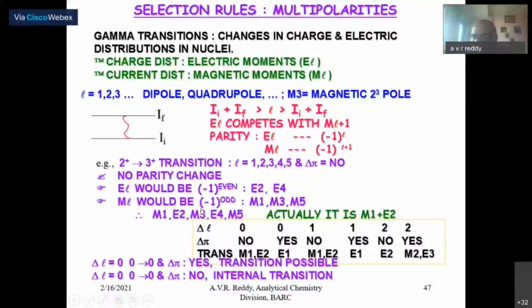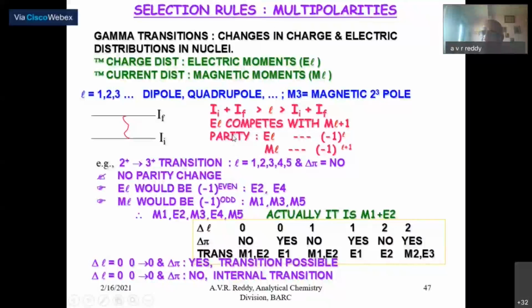Whereas ML would be M1, M3 and M5. So the emitted gamma ray will have multipolarities of electric components E2, E4 and magnetic M1, M3, M5. However, M3 and M5 will have lower probability, and in fact, in measured values, all these are possible.